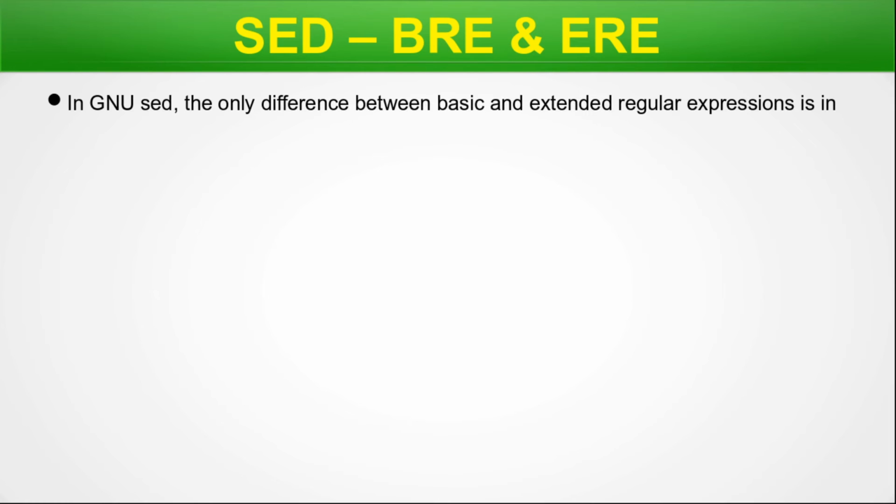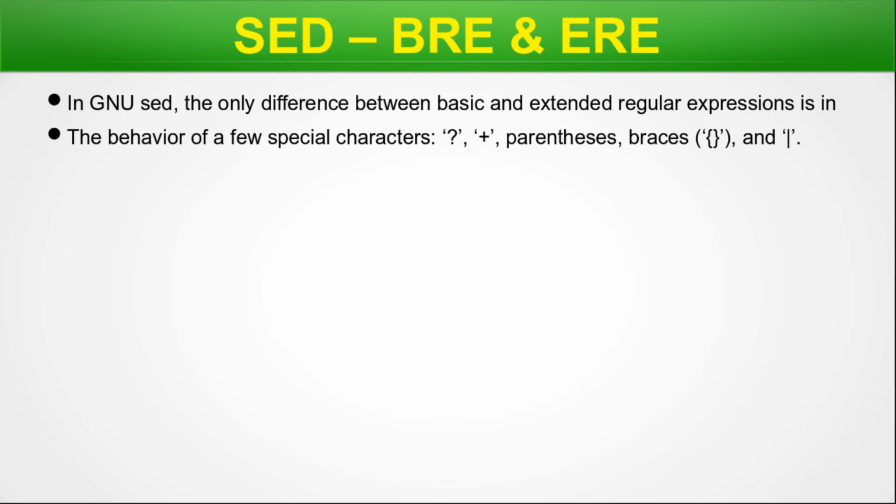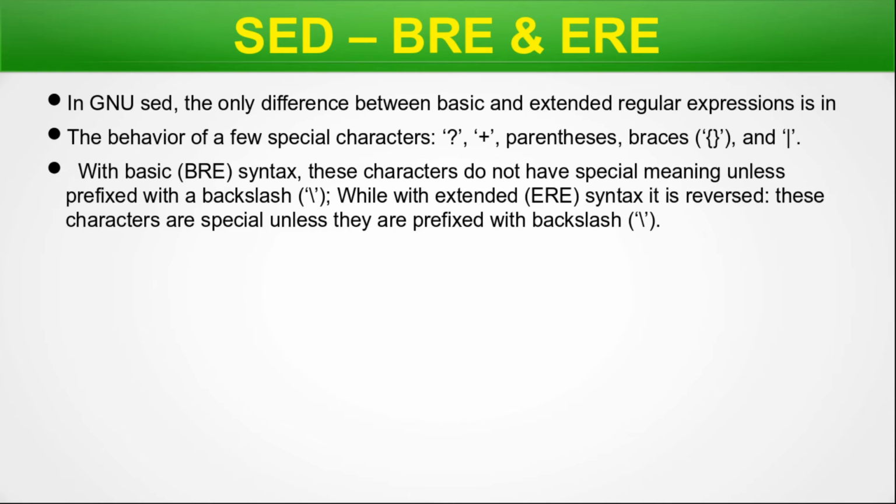So we are talking about the SED BRE and ERE engine here. In GNU SED, the only difference between basic and extended regular expression is in the behavior of a few characters, that is question mark, plus, parenthesis, braces and pipe. With BRE syntax, the characters do not have special meaning unless prefixed with a backslash, while in ERE the syntax is reversed.